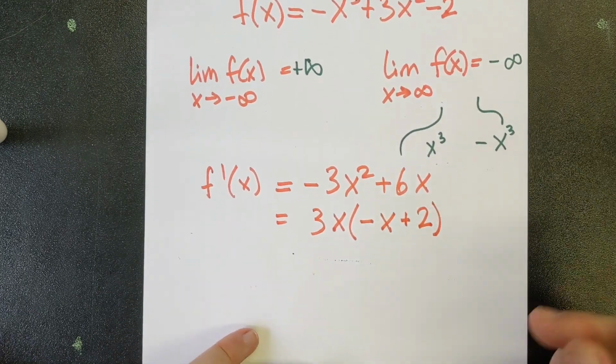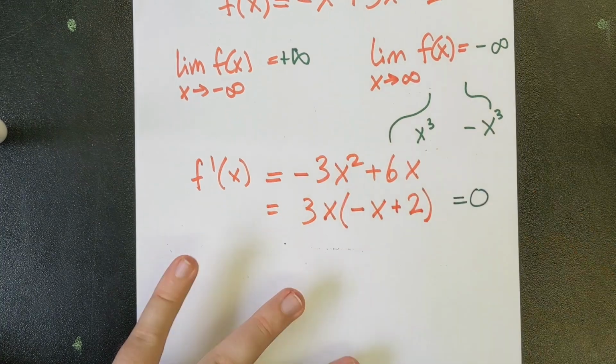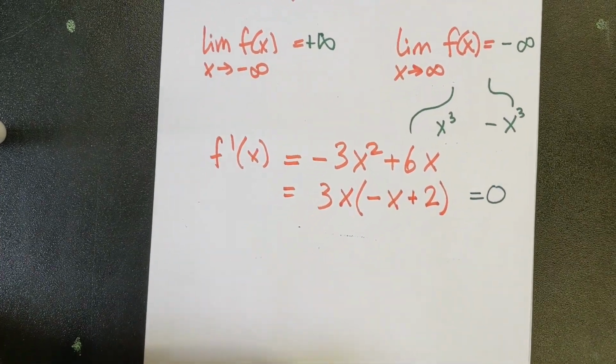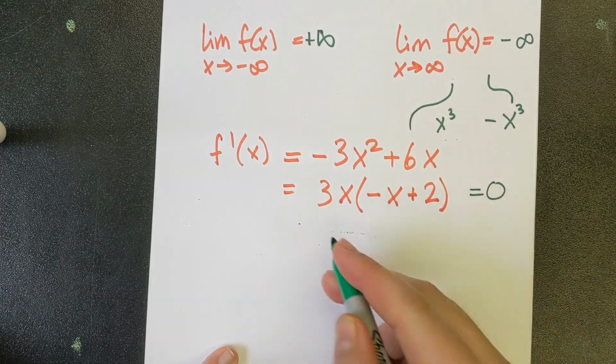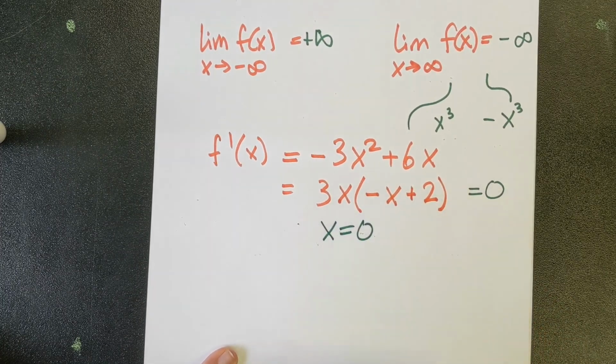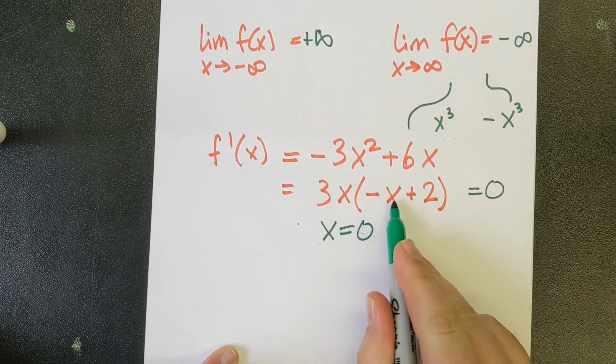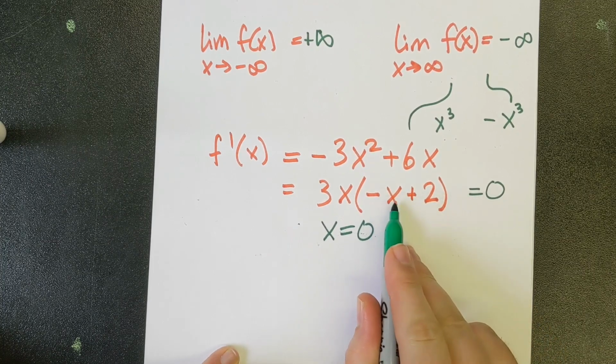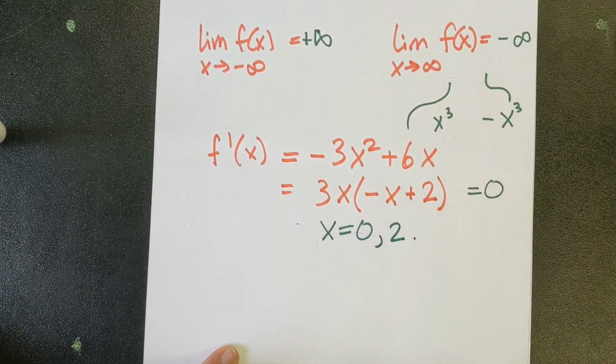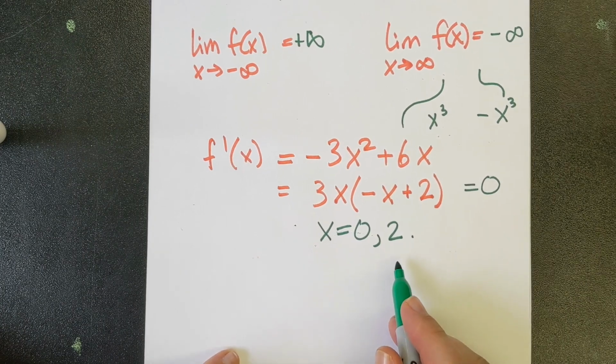And to find my critical values, where is that 0? Well, either 3x is 0, in which case x is 0, or negative x plus 2 is 0, which means my x must be 2. So these are the critical values I should check.